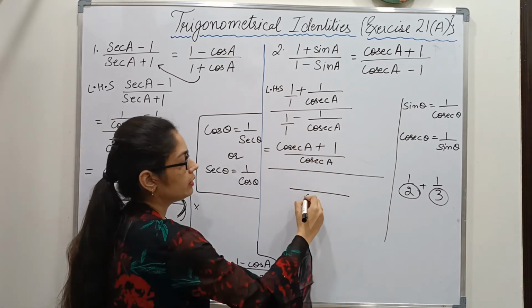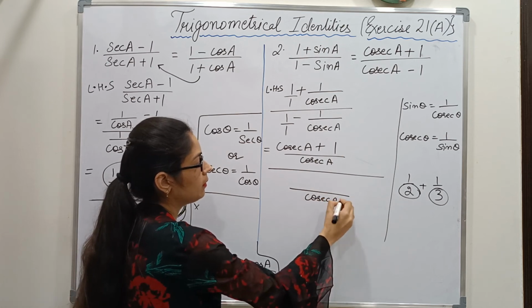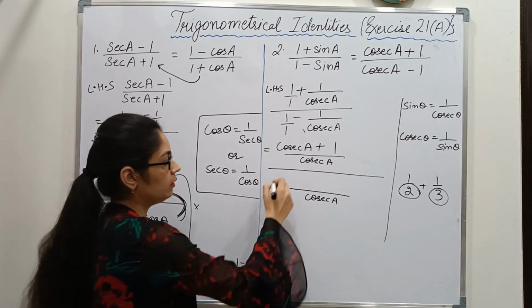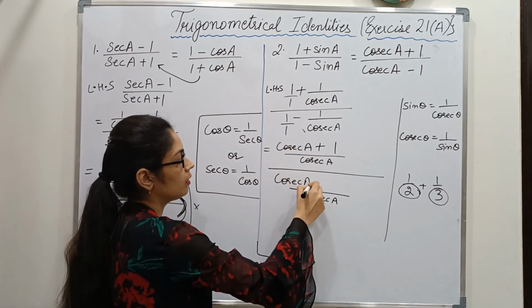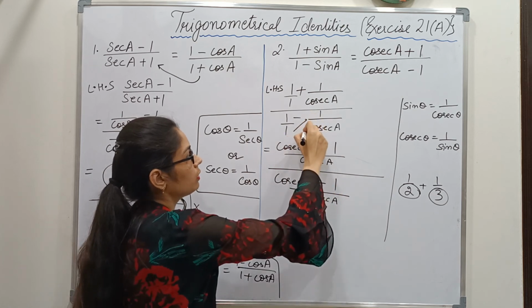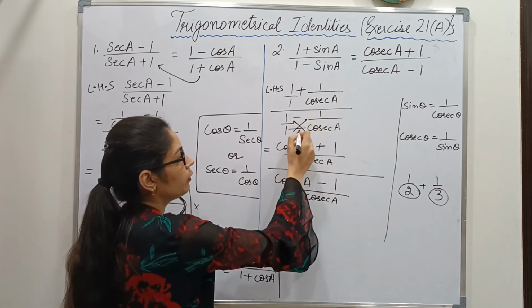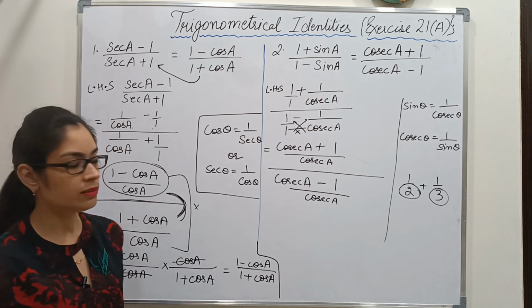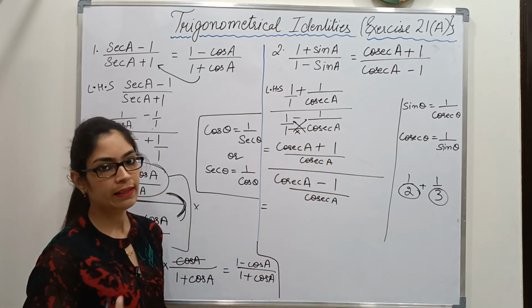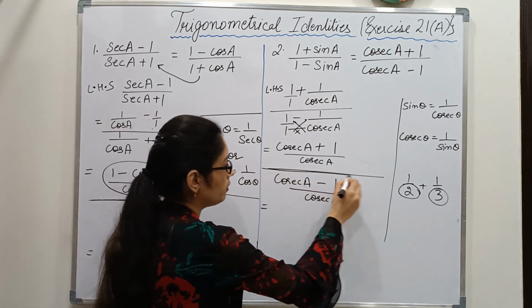So 1 into cosecant A cross multiplication, cosecant A into 1 is cosecant A, minus sign as it is, 1 into 1, 1. So their cross multiplication we are doing, and for the LCM their direct multiplication we are doing. Now two fractions are getting divided, because this is the sign of division.